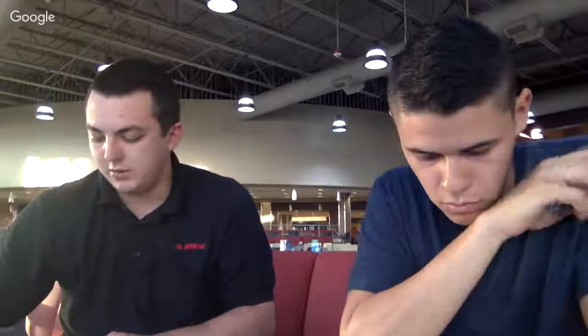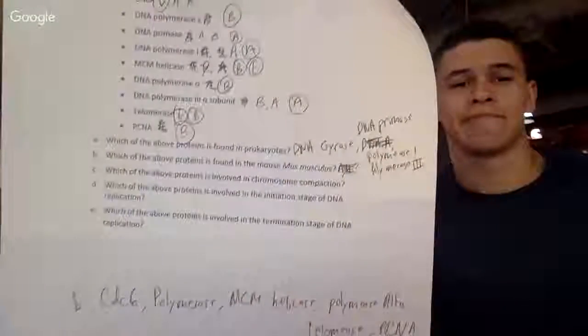For C, which are involved in chromosome compaction, it's DNA gyrase or topoisomerase 3 or 2. For D, which ones are involved in the initiation stage, you have DNA A and CDC6. And for E, involved in termination are TUS and telomerase. And there are the answers again, and yep, those are our answers.